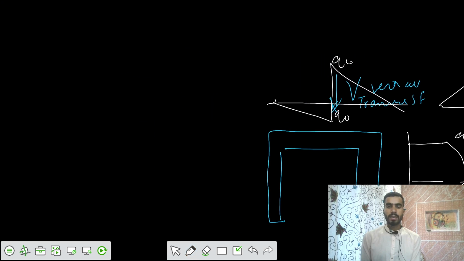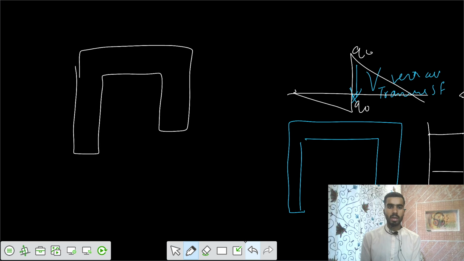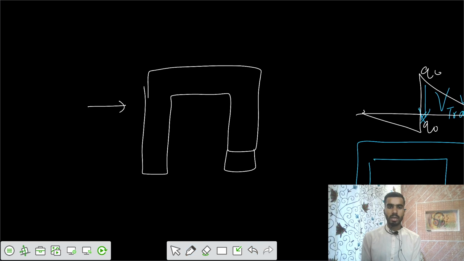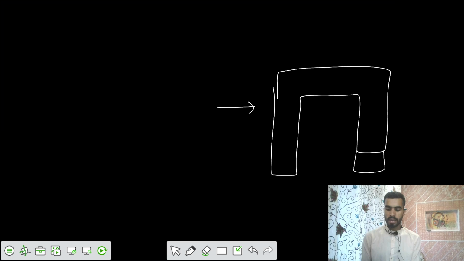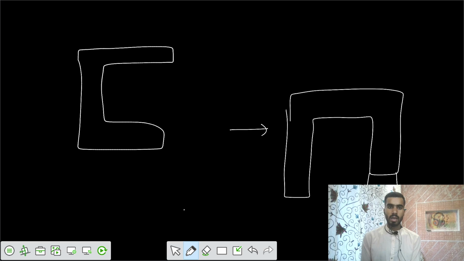But if the loading is not in the same way, let's say you have the same section and now you are applying load in this direction. Or you can say you have this section in this way. If the load is applied in the horizontal direction, a shear force F in the horizontal direction, then the shear flow would be in this way.